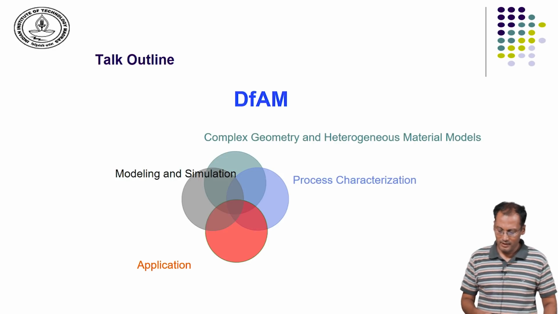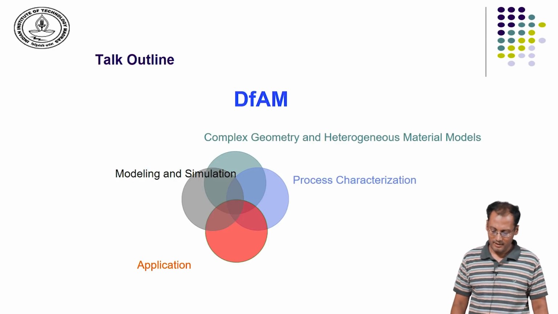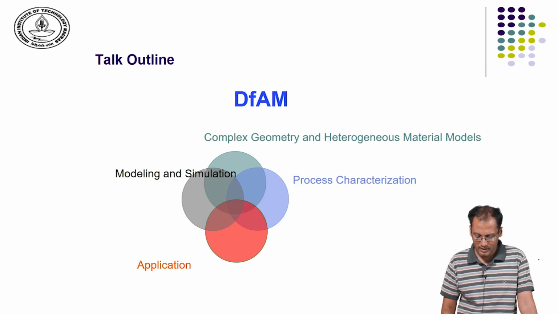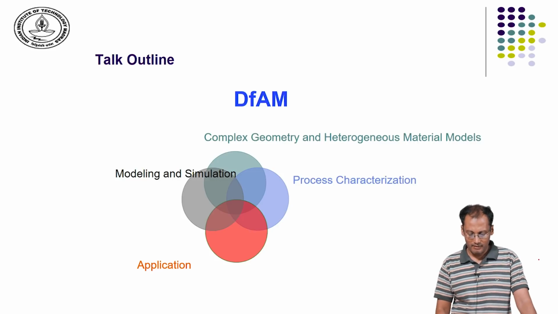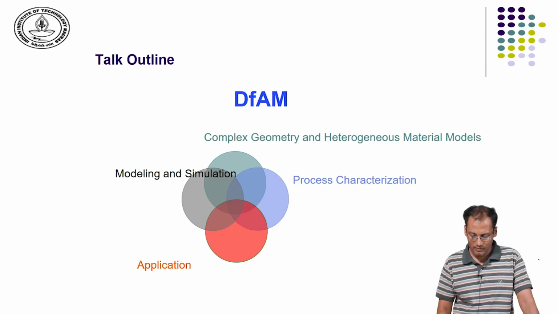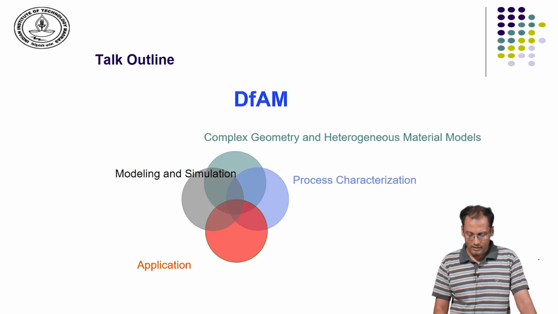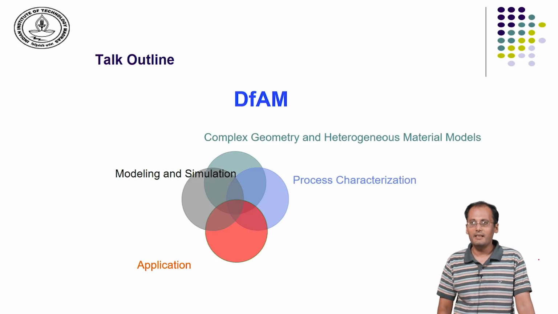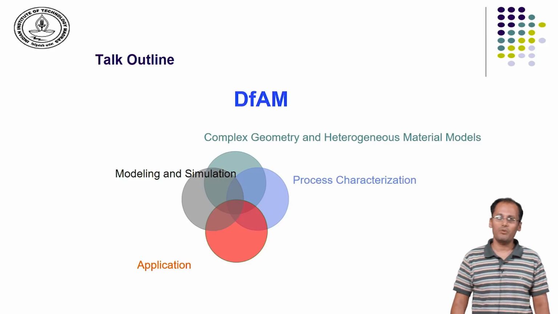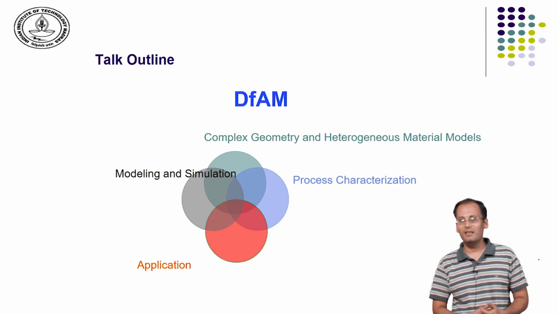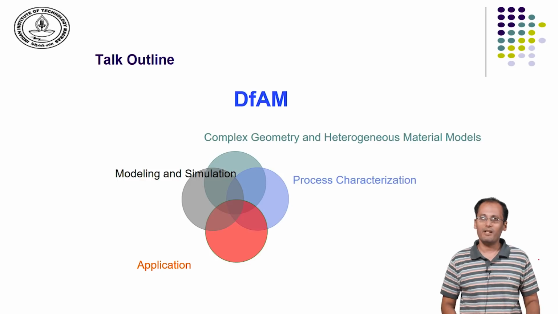This term is getting coined as design for additive manufacturing, and there is a lot of development work happening in the various domains that I have shown in this slide. There is a lot of interest in creating very complex geometries which were originally not possible with traditional manufacturing processes.